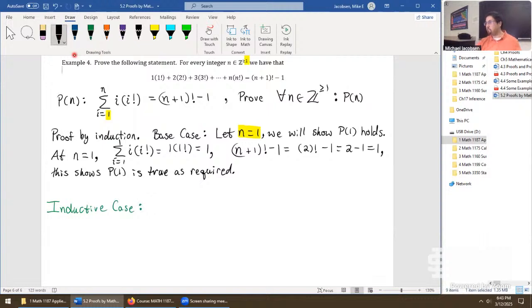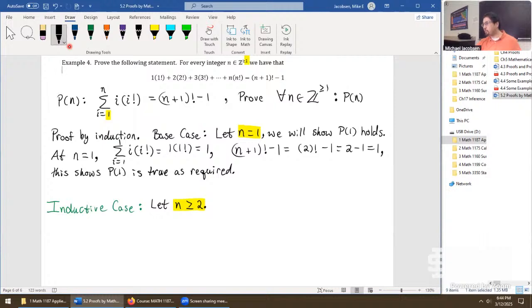So let's say first, where we start, we'll begin by saying, let n be bigger than or equal to 2. So one integer higher. We specifically say that because we don't need to treat the n equals 1 case any longer. It's true. It's all about what happens on the next cases.